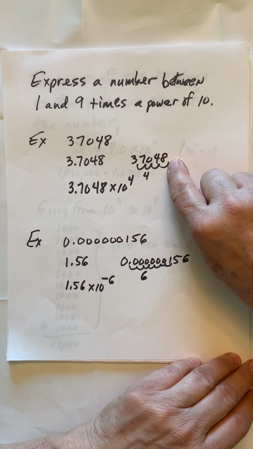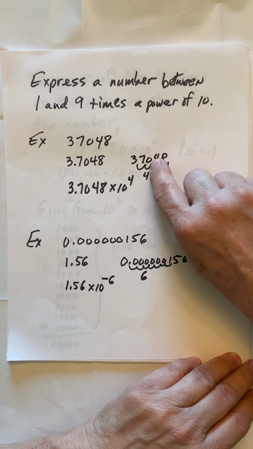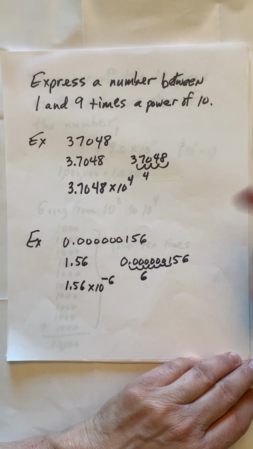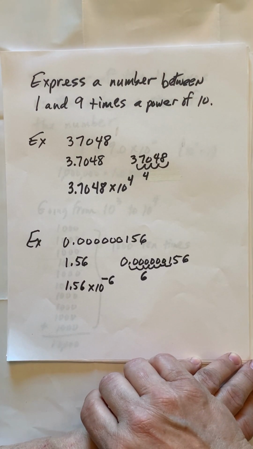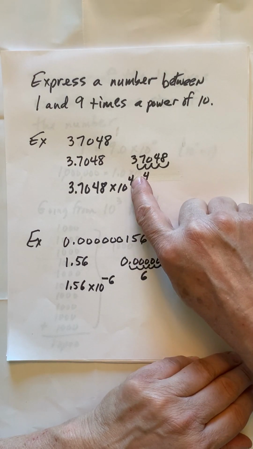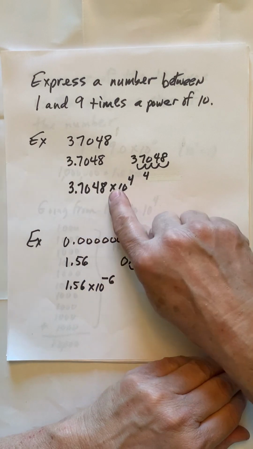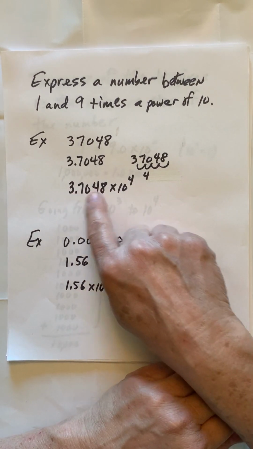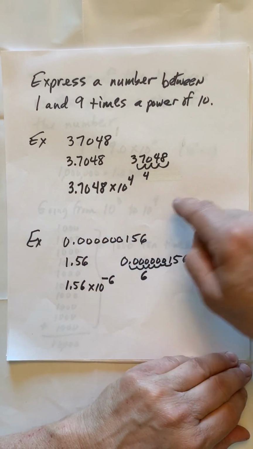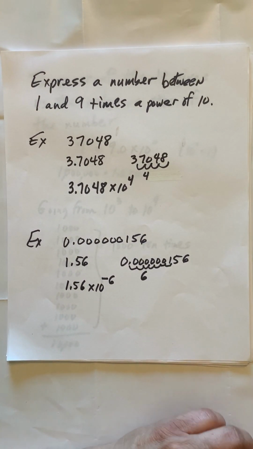And I say, how many places would I have to move over to get to 3.7? And I have to go 1, 2, 3, 4, which means I moved 4 decimal places, so that's a power of 4. So I want to write 3.7 times 10 to the positive 4 power, because that's going to be multiplying it by 10,000, so it's going to get it back. If I multiply this number, 3.7048 times 10,000, I'll get back to the original number, 37,048.